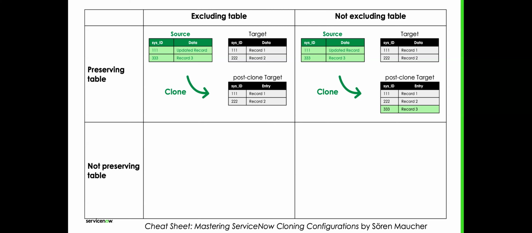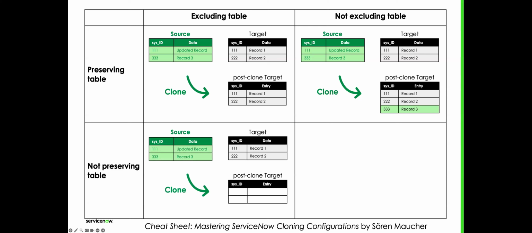What if you have two records where the SysID is matching, but the record does not match? The SysID 111 in this example, right? So in this case, preservers are always taking precedence. And so as you can see in the post-clone target, you will have your 111 SysID from the target instance and the record number 3 that comes over during the clone.